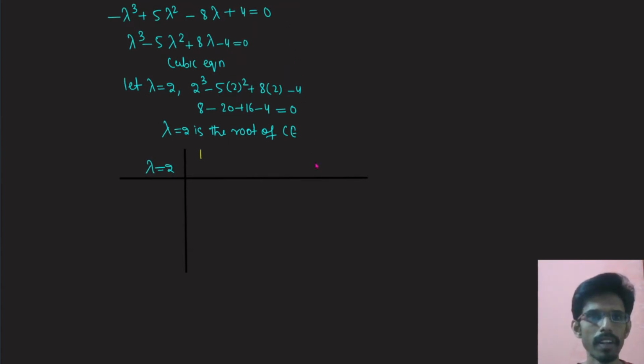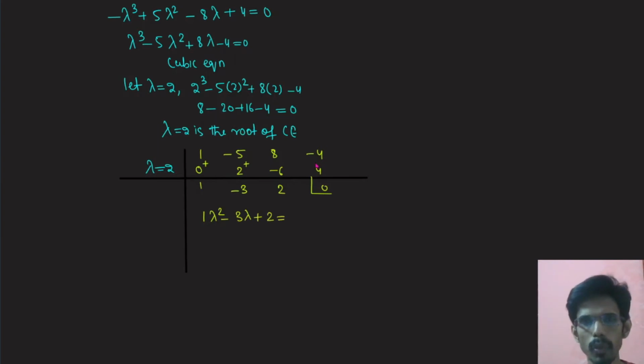Then we have 1, minus 5, 8, minus 4. Put 0 here, add these two, we have 1 into 2 will be 2, add these two, I'll get minus 3 here, 3 2s are 6, this will become 2 here, 2 2s are 4, so here I'll get 0. Now get the quadratic equation: lambda square minus 3 lambda plus 2 equal to 0.